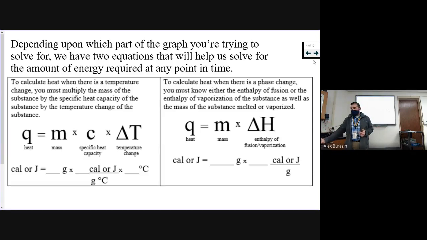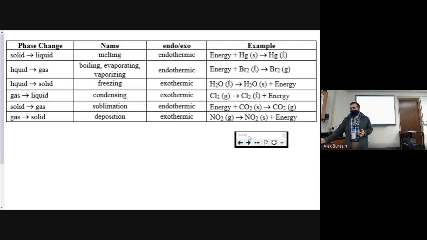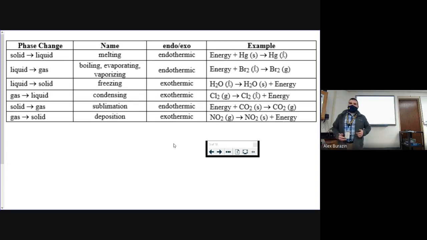Okay? So, here are the phase changes. These are the 6 phase changes that can possibly happen. The normal 4, or what I call the normal 4, are the first 4 listed. You're very familiar with these, right? Whether it's endo or exo, I have an example of a reaction.